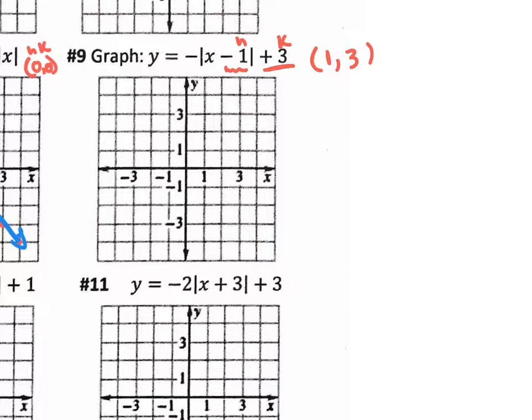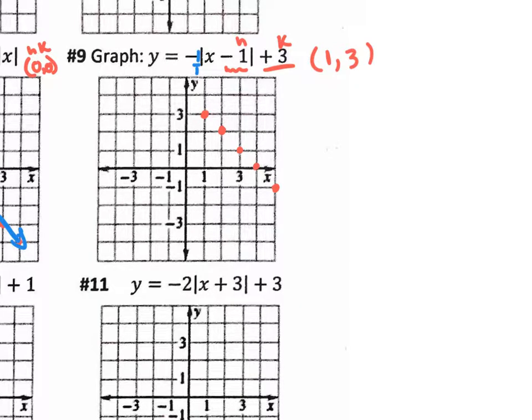So let's go to the coordinate 1, 3, put a dot right there. And we know that the A value is negative 1 over 1, which means it's going to be going down 1 over 1, right? It's kind of like rise over run. Negative 1 rise, it means you're going to drop 1, and you're going to go over 1, okay? So if you drop 1, go over 1, and you continue to drop 1 and go over 1, drop 1 and go over 1. And you do that in the opposite direction as well.